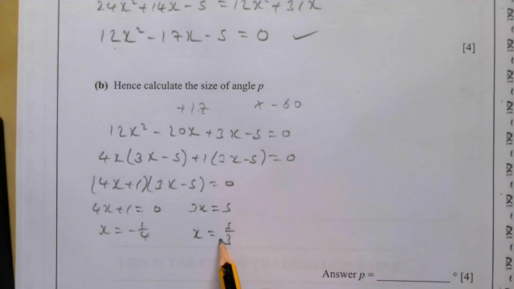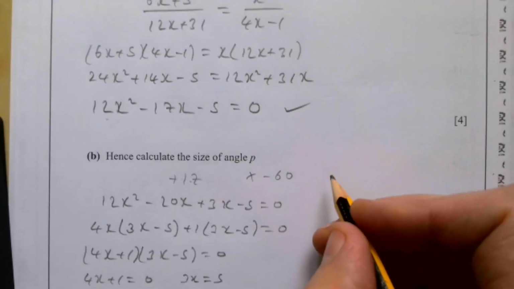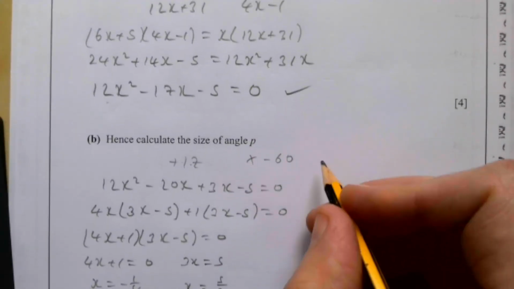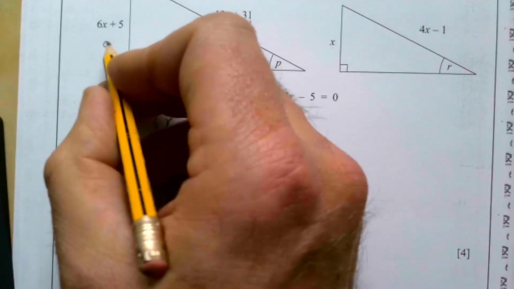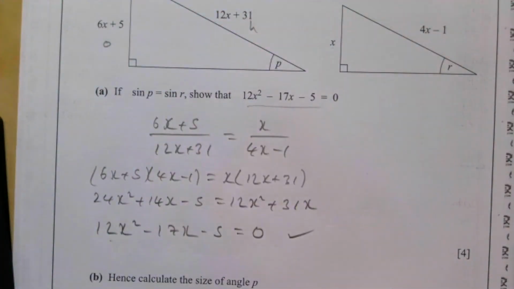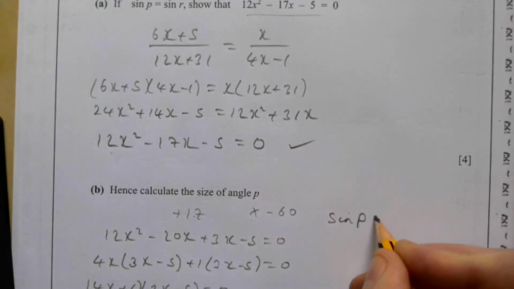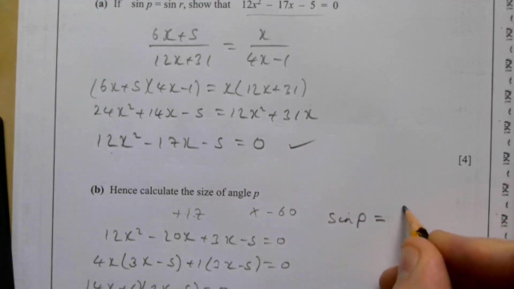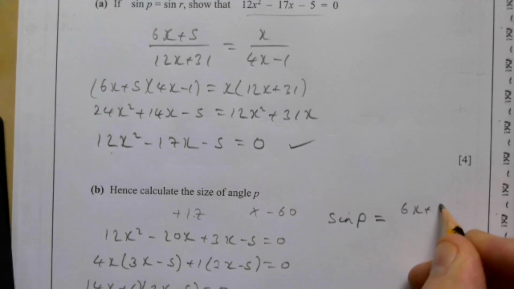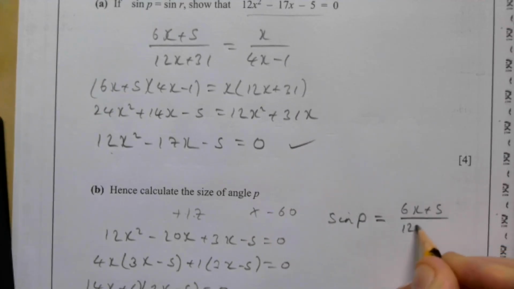So we sub in our 5 over 3 into sine, and we'll see what we have. If we substitute it into this one, we know that sine P is equal to 6x plus 5 all over 12x plus 31.